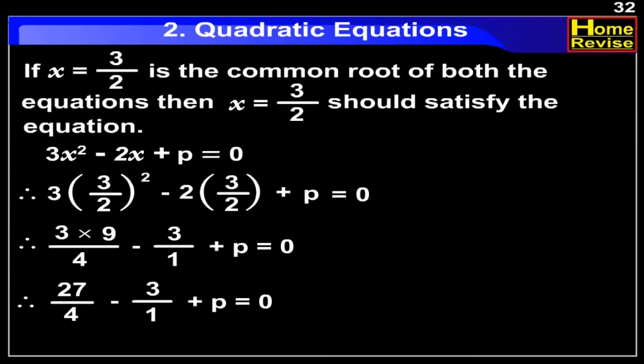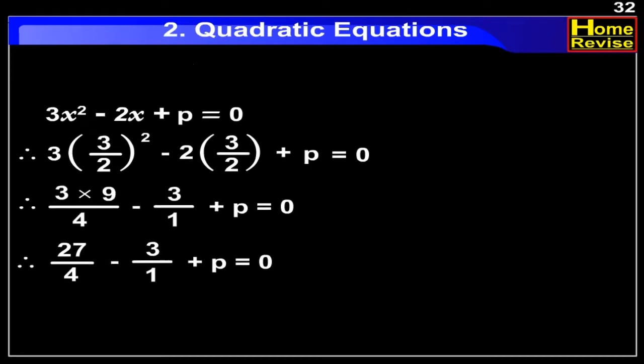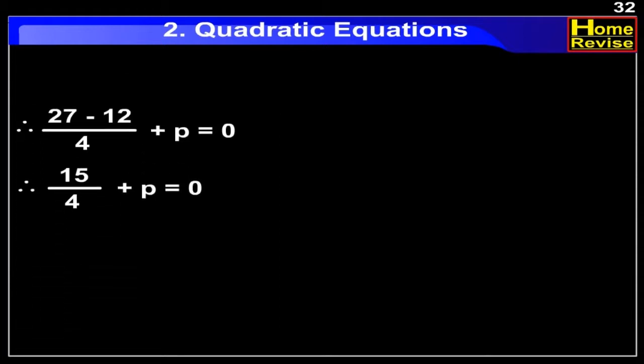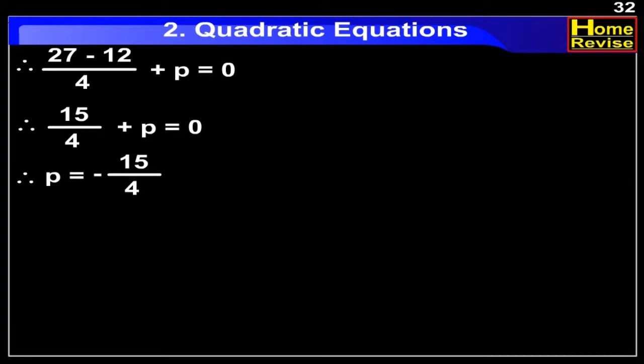Therefore, 27 upon 4 minus 3 upon 1 plus p is equal to 0. Therefore, 27 minus 12 upon 4 plus p is equal to 0. Therefore, 15 upon 4 plus p is equal to 0. Therefore, p is equal to minus 15 upon 4.